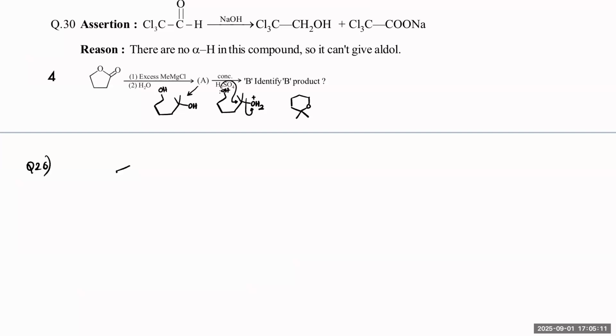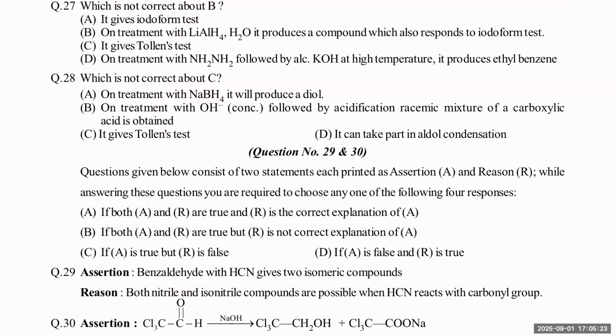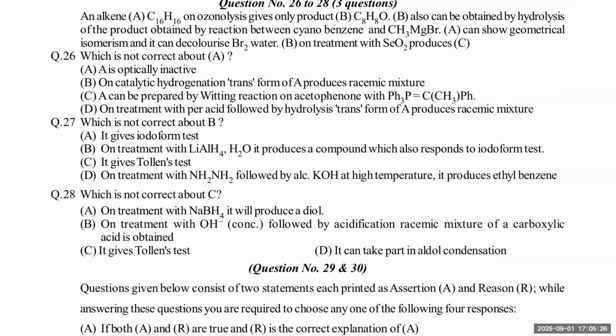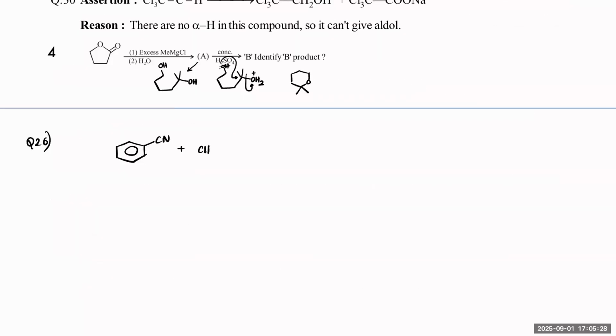As per this, cyanobenzene is CN, and that is reacting with a Grignard's reagent, which is CH3MgBr. You know that with Grignard's reagent and cyanides, you can never get an alcohol, you'll only get an aldehyde or a ketone. So, C double bond O with CH3. This is the product formed after hydrolysis has been done.